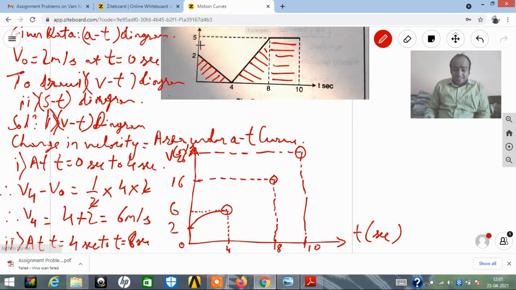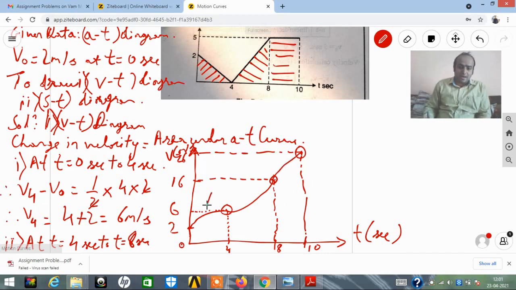Second, since it's an AT curve, from AT to VT, the acceleration is linearly increasing over here, so it will be an increasing second degree parabolic curve. Last but not the least, when acceleration is constant, it would be a linear graph from 8 to 10.